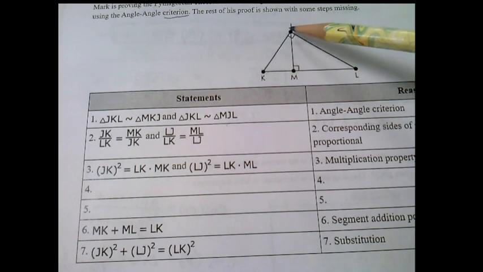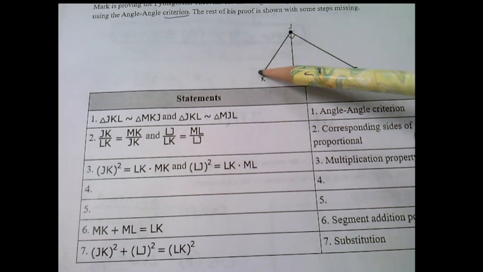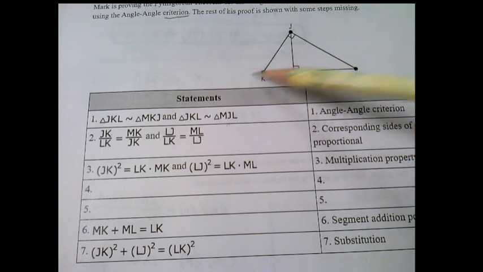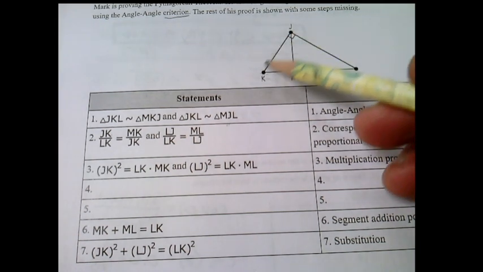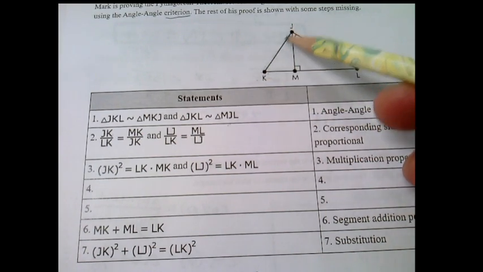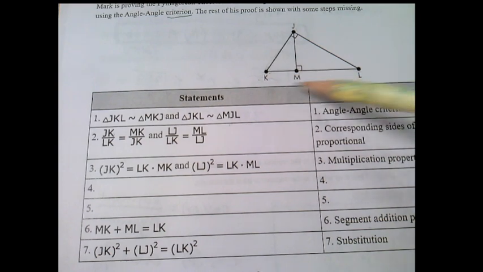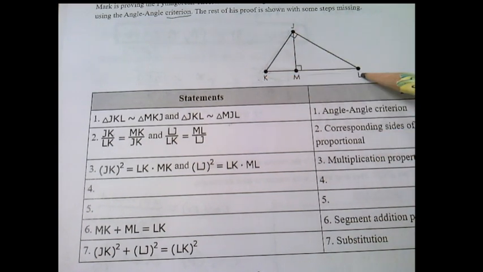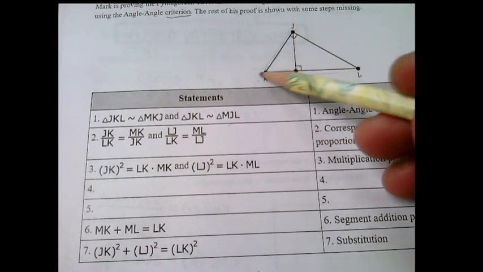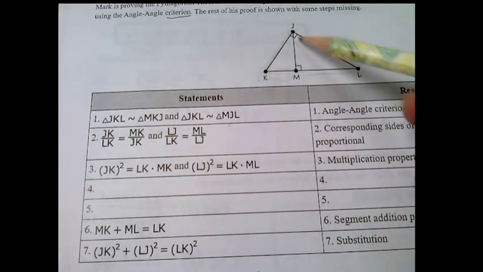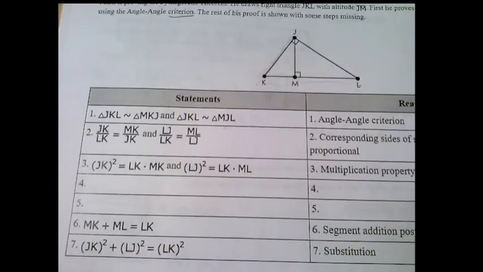Let's see. JK is to LK. Oh, that's why I misread it here. So they're doing short leg is to hypotenuse in this big triangle. So we've got a short leg, a long leg, and a hypotenuse. So they did short leg is to hypotenuse as short leg is to hypotenuse. So that's just showing that the corresponding sides are proportional of similar triangles.